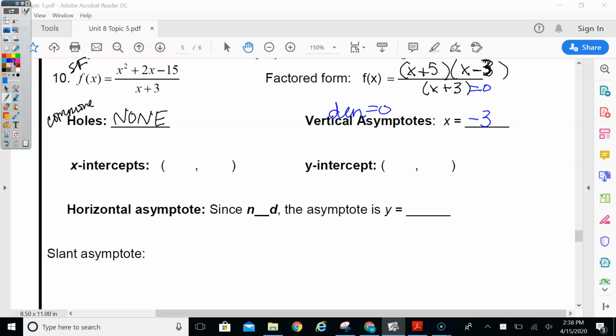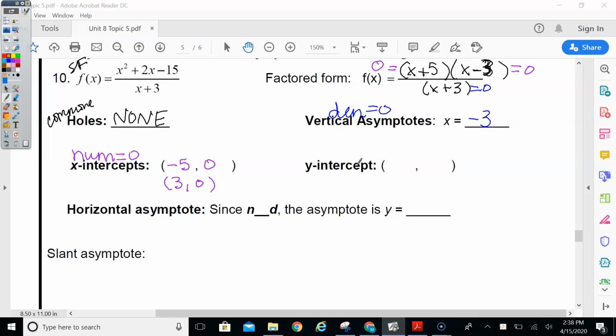X-intercepts is what's left in the numerator when you set that equal to 0. So here we have two things in the numerator, so this one equal to 0 would be a -5, and then this one equal to 0, I have to make another blank here, would be a +3. So these are your two x-intercepts because there's two factors left in the numerator.